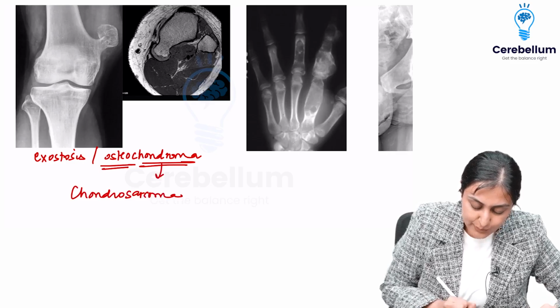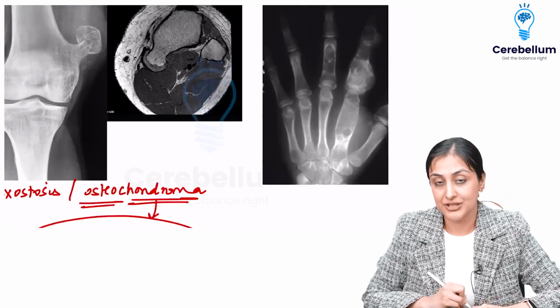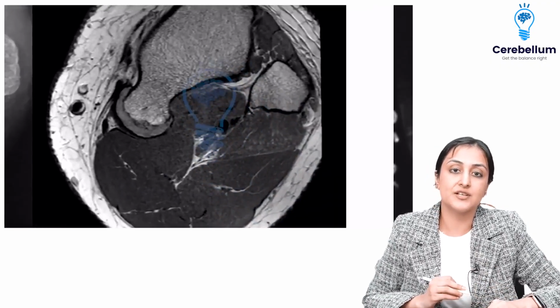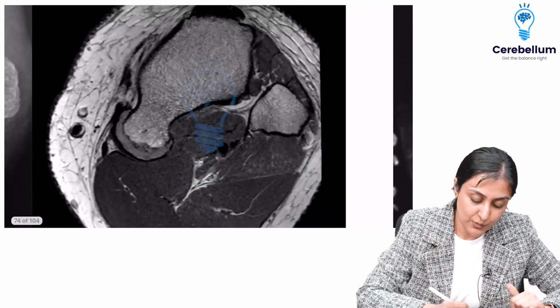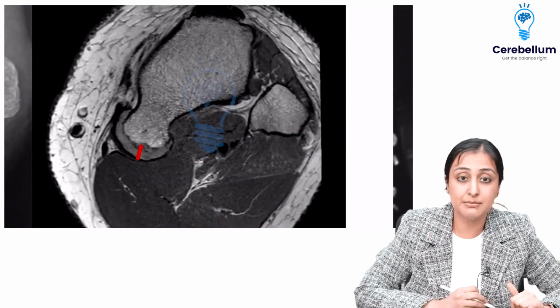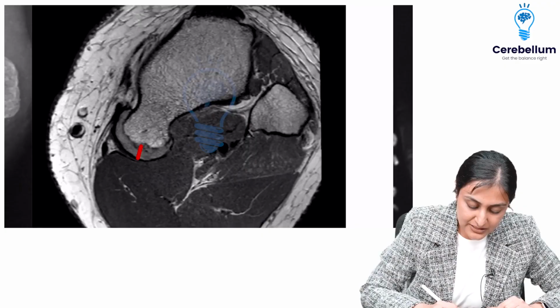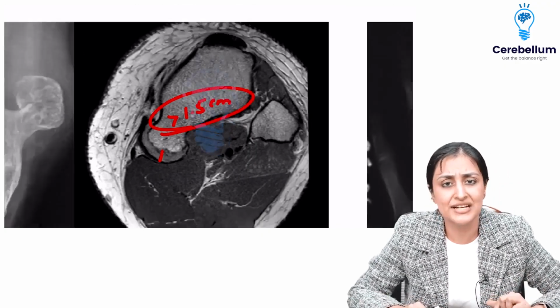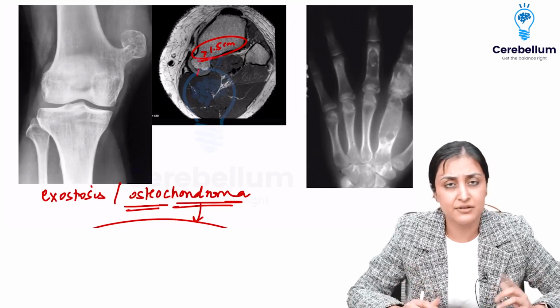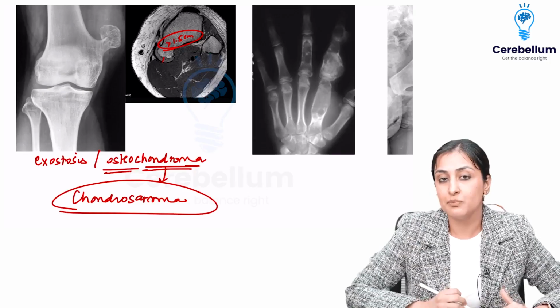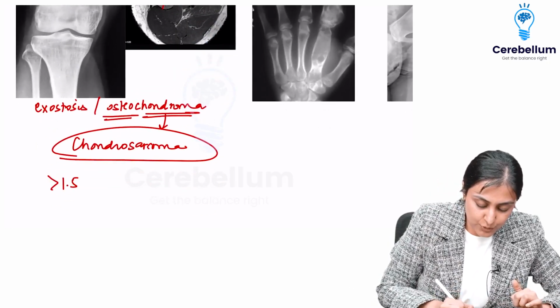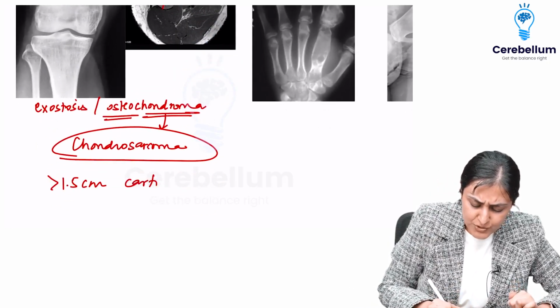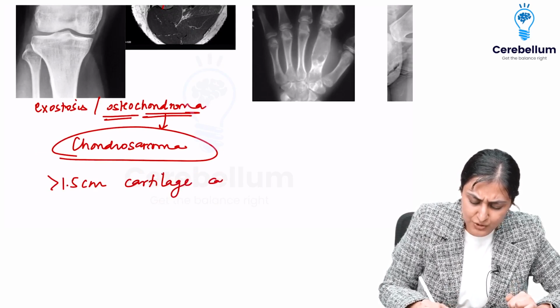So they tend to become chondrosarcoma, and for that we need to monitor the thickness of the cartilage cap. So what we do is we measure the maximum thickness here. The moment this thickness becomes more than 1.5, some people also use 2 centimeters, whatever is given you can accept, so more than 1.5 centimeter, you need to remove it. So we keep monitoring these patients on MRI.